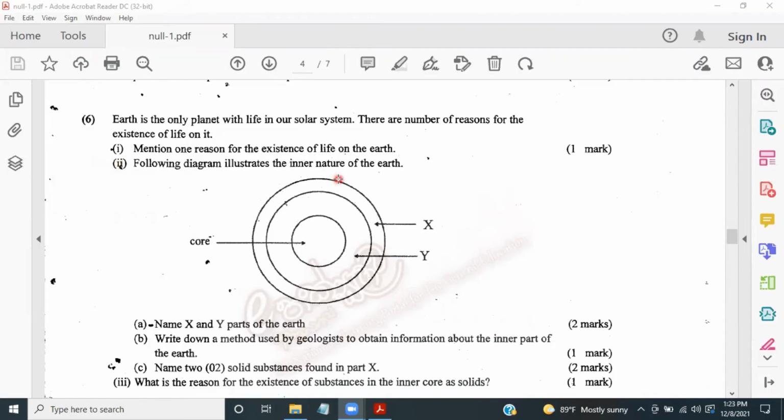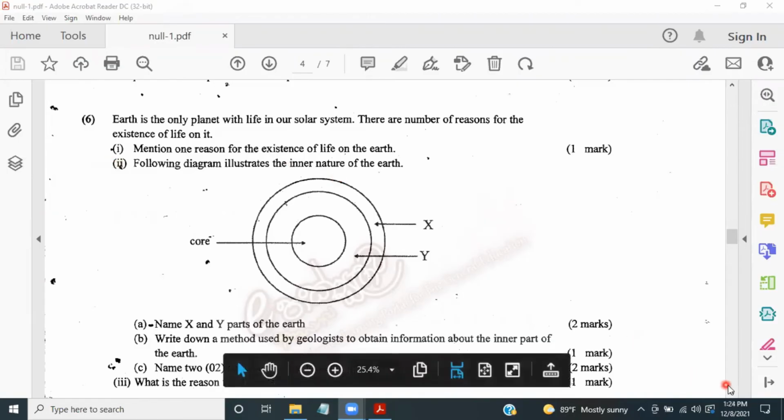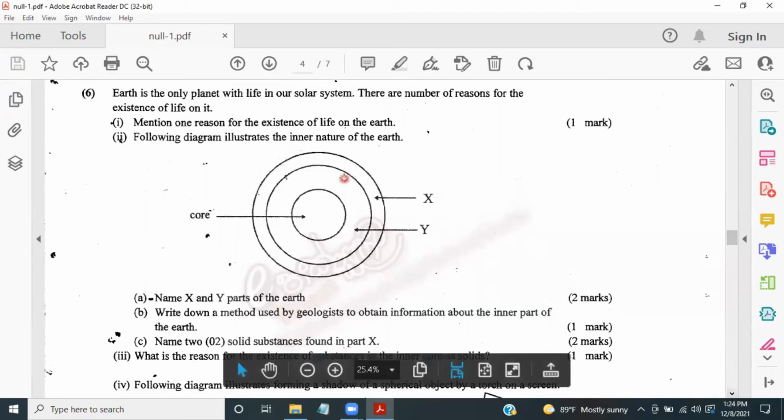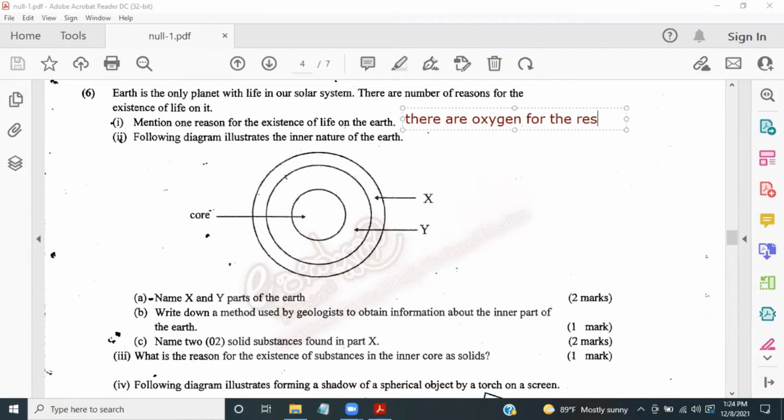Earth is the only planet with life in our solar system. There are a number of reasons for the existence of life on it. Mention one reason for the existence of life on the Earth. One reason is that there is oxygen for respiration and there is water.